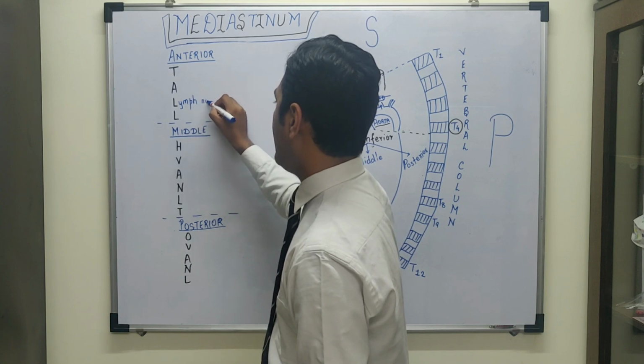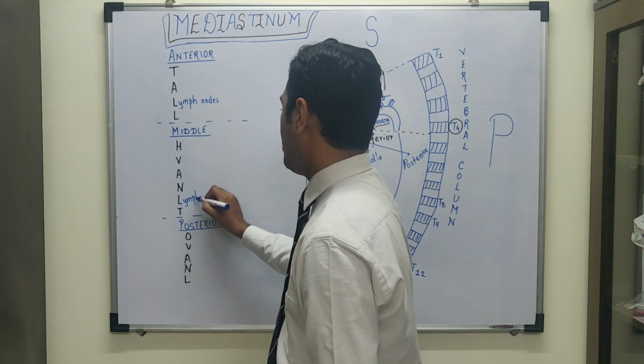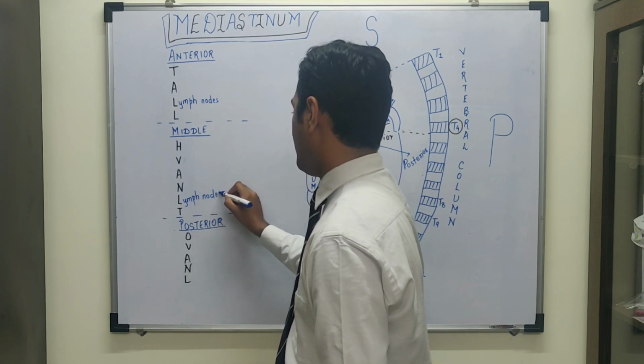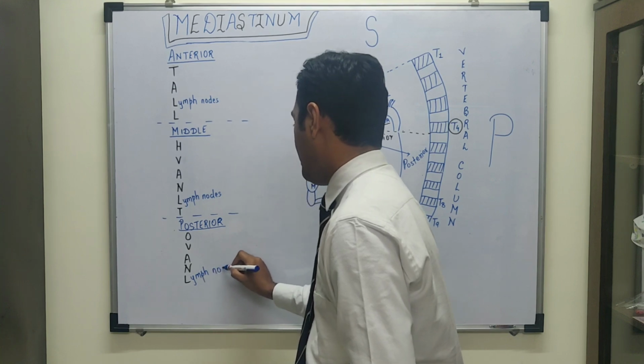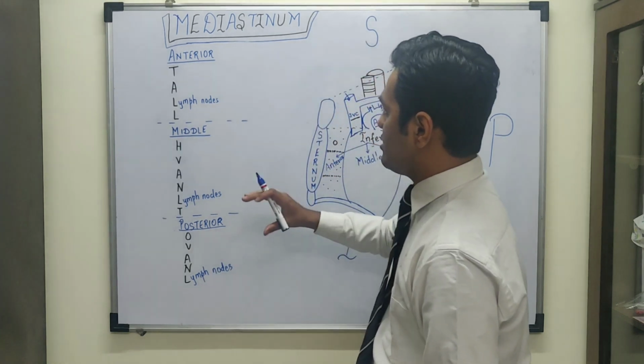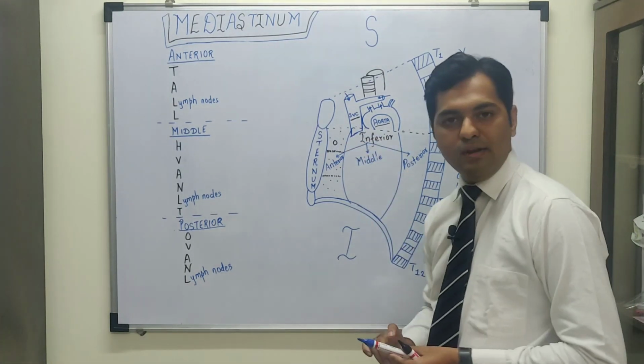So lymph nodes are one of the common contents present in all the subdivisions of the mediastinum. Apart from that, let us first begin with the anterior mediastinum and its content.